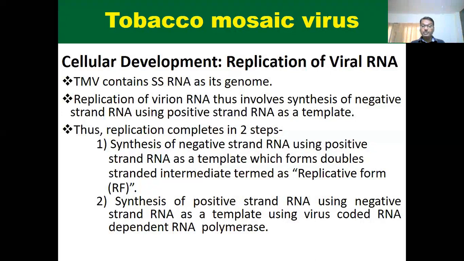अँड सिंथेसिस ऑफ पॉझिटिव्ह स्ट्रँड. आता ठीक आहे, तुमच्याकडे निगेटिव्ह स्ट्रँड आरएनए आहे त्याच्यापासून पॉझिटिव्ह स्ट्रँड म्हणजे जो आरएनए म्हणजे मेन आरएनए आहे तो पण बनला पाहिजे ना. ओके, सो दॅट सिंथेसिस ऑफ पॉझिटिव्ह स्ट्रँड आरएनए युजिंग निगेटिव्ह स्ट्रँड आरएनए ॲज अ टेम्पलेट. सो दॅट using that here virus codes this virus codes RNA dependent RNA polymerase. Okay, so I will repeat this one. Synthesis of positive strand RNA using negative strand RNA as a template.